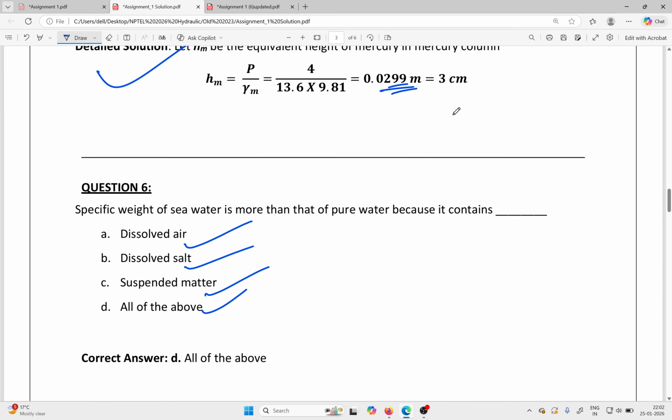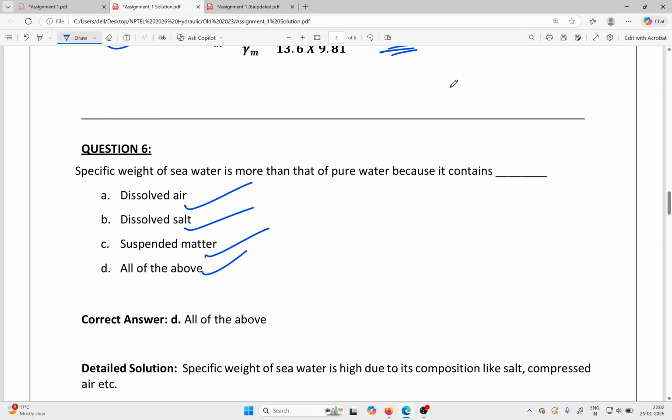So it is all of the above. The seawater contains air, salt, matter. That's why it is more.